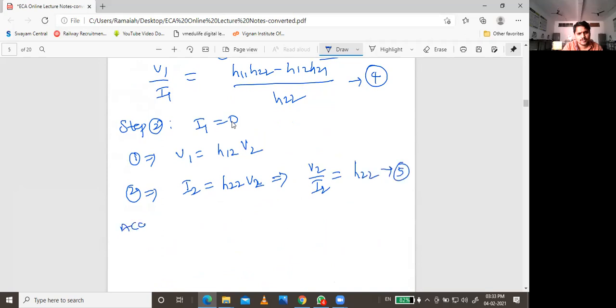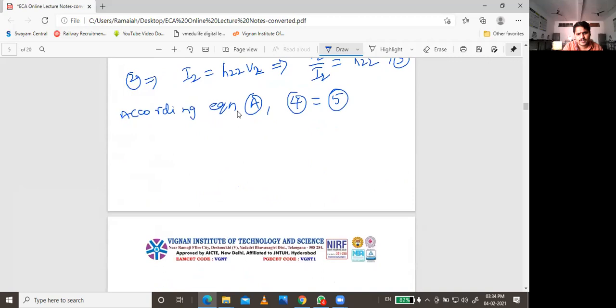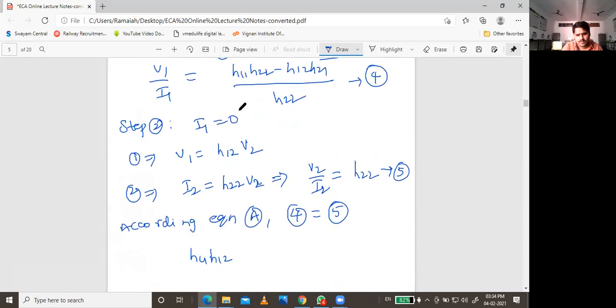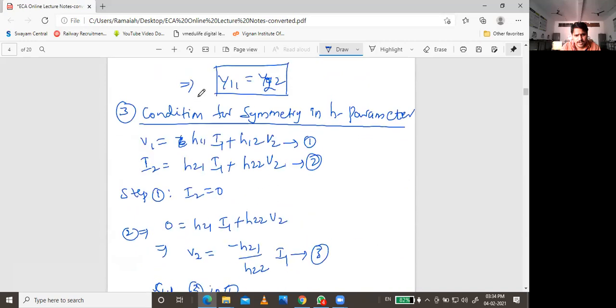So according to our symmetry condition, according to equation A, this equation 4 equal to equation 5. Then, H11 H22 minus H12 H21 by H22 equal to, just wait, what is this I2?